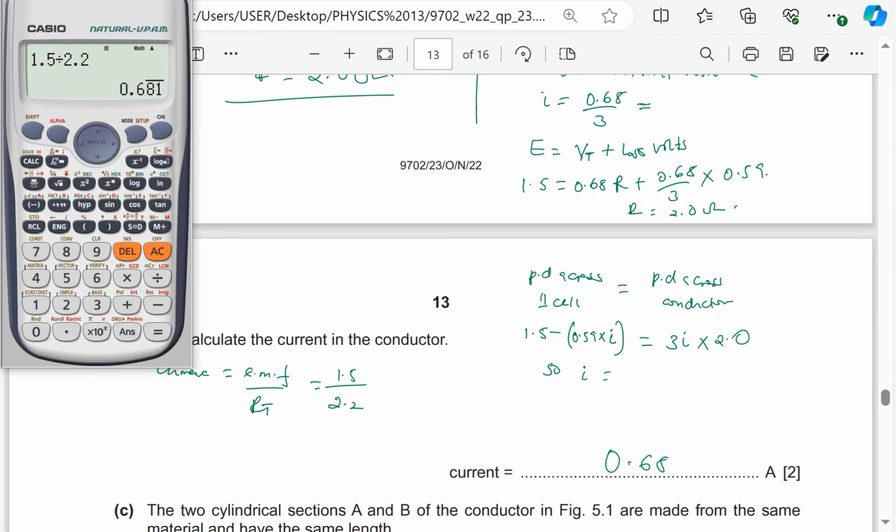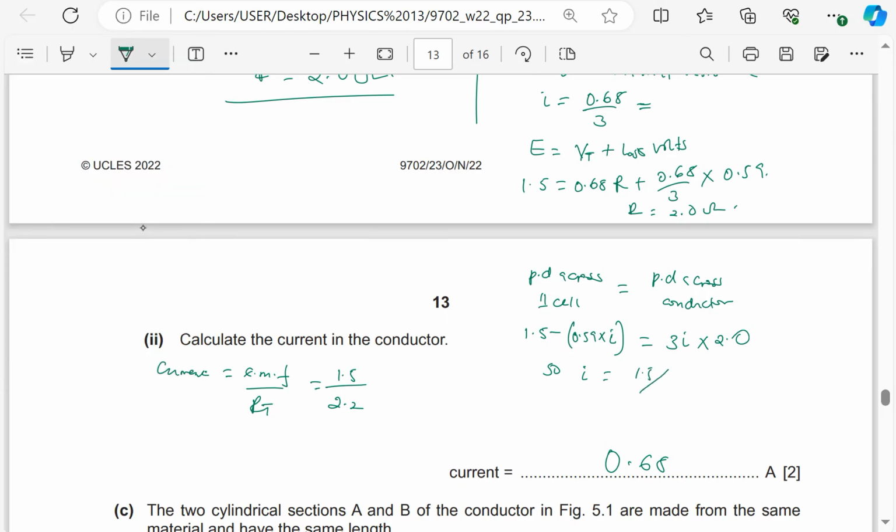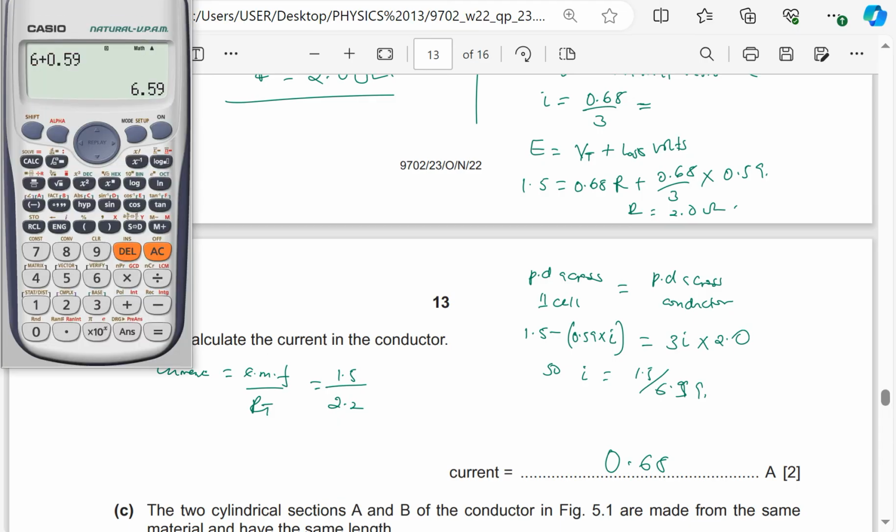I'll just collect like terms. I'll say 6 plus 0.59. So this is 1.5 divided by 6.59. So I'll say 1.5 divided by the answer.